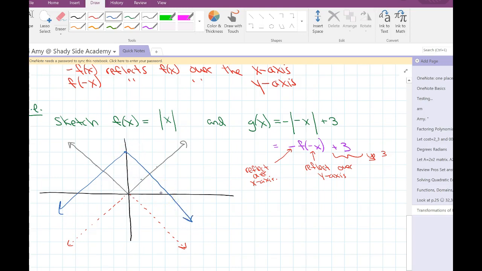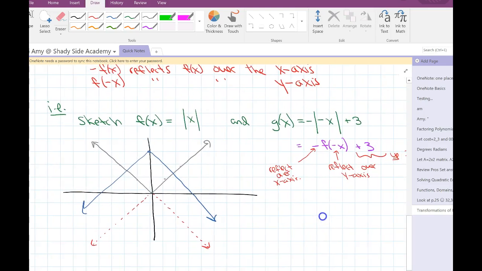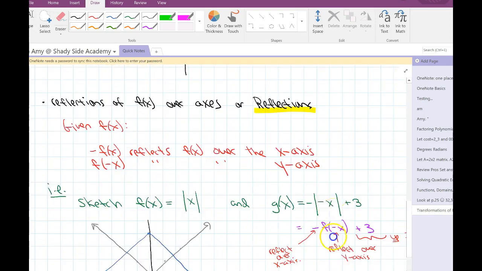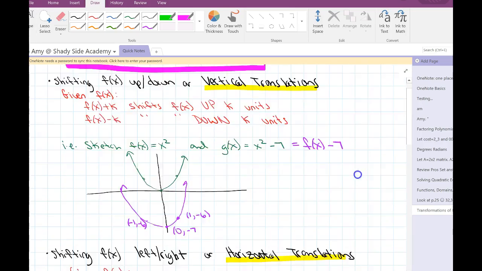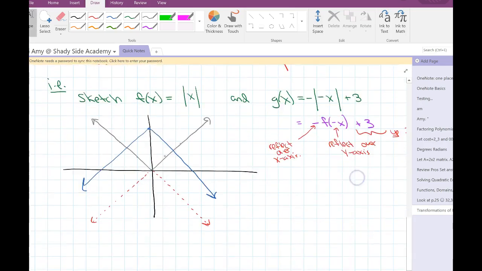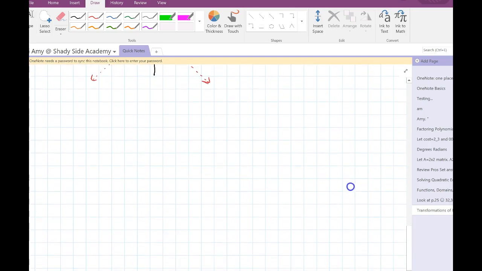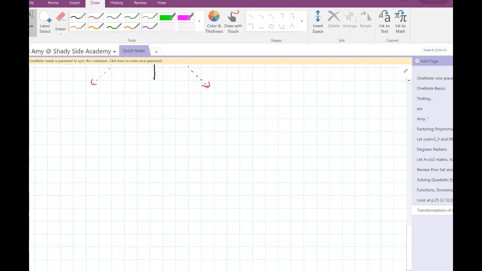All right, so these 3 transformations, reflections over the axes, horizontal translations, and vertical translations, that is a comfortable review for you, okay? Let's talk about 2 new transformations that will be new to you.